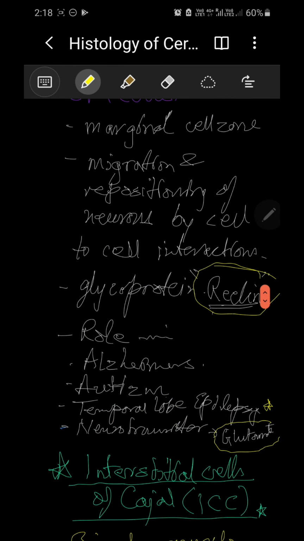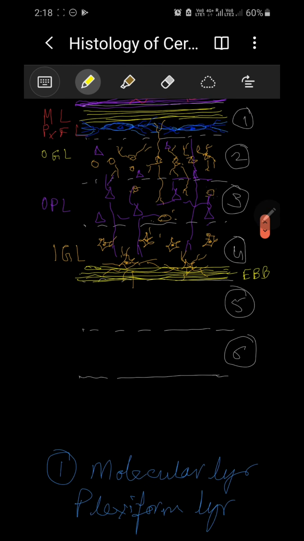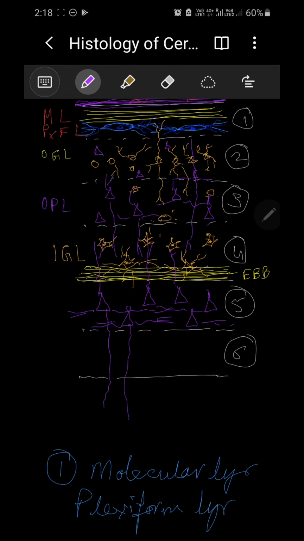Okay, now we will talk about the fifth layer. The fifth layer is again using the same color. Now this layer has the biggest neurons in the human body. Important point: the biggest neurons in the human body. They have their dendrites reaching above, and dendrites ramifying horizontally from the two angles, and their axons descend down.